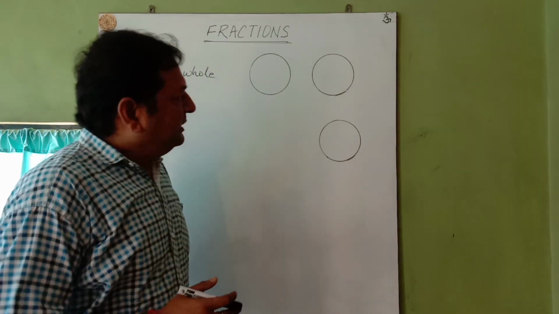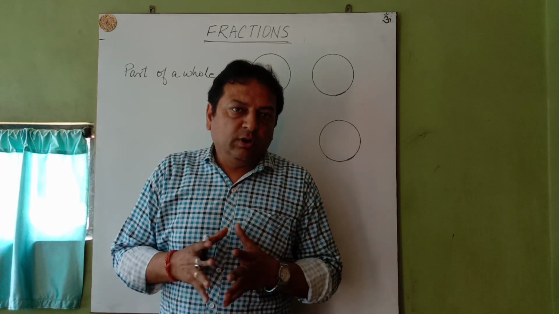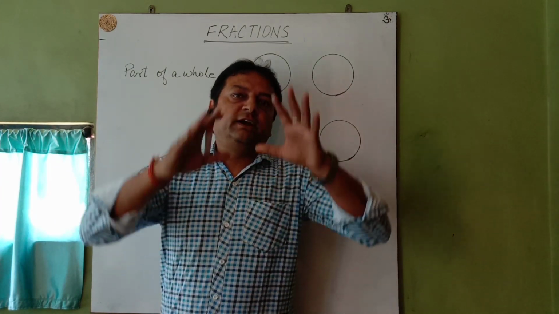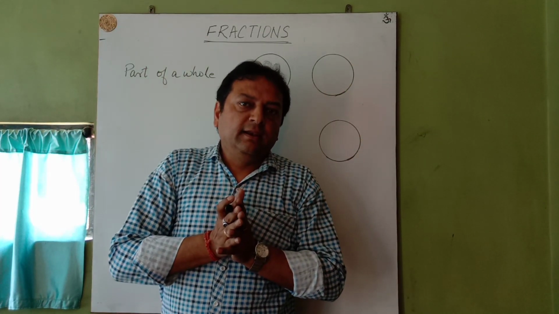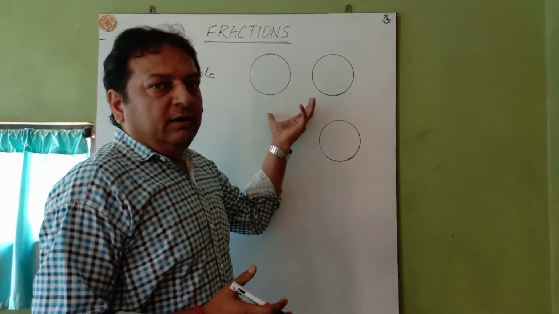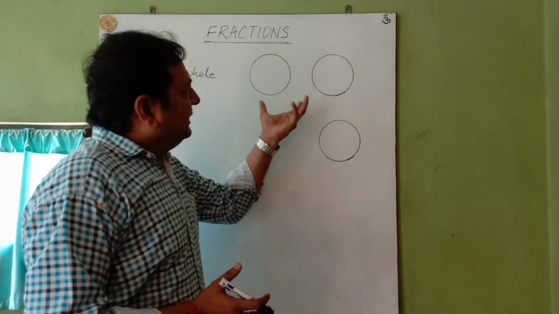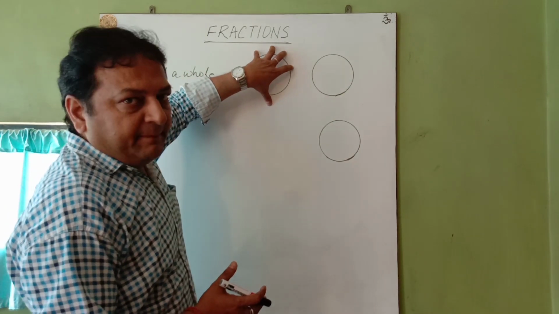For example, normally it has become a tendency that whenever you ask somebody what fractions are, we straight away come to a circle. We assume let it be a cake or a pizza, right? This is one pizza or one cake.